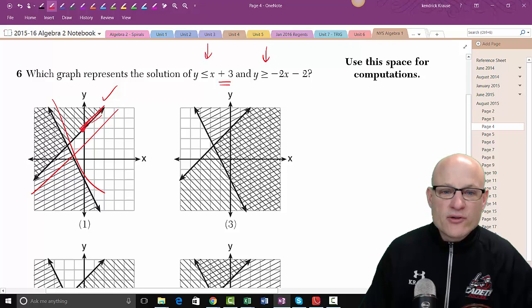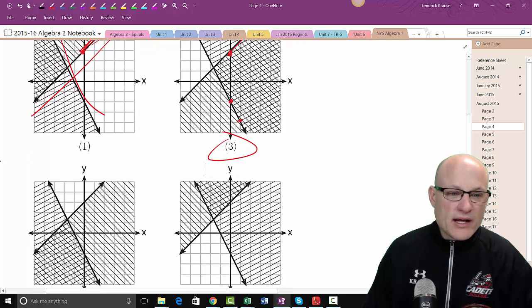This one has the right line, and it's shading down. So far that one's pretty good. Let's check the other line. -2, and it's going down 2 and to the right 1, so that's right, and it's shading greater than. This looks like the right answer. Let's just check real quick.